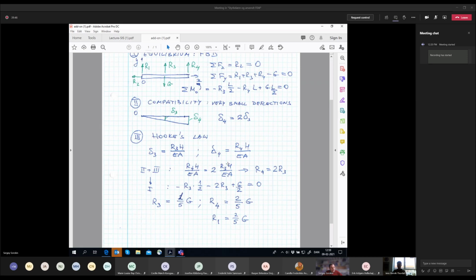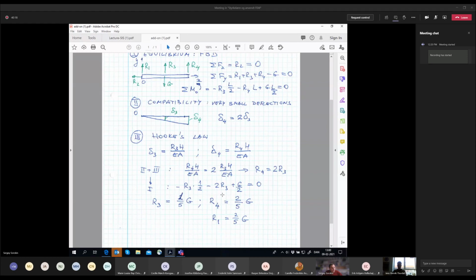And then after canceling out, it's all simple because the stiffnesses are the same and these heights are the same, we have the relation between forces R4 and R3. So it's just like this. Then we recall equation number 1, which is still to be used. And then we plug in here, instead of R4, twice R3, and we cancel L because L stands in each of these terms.